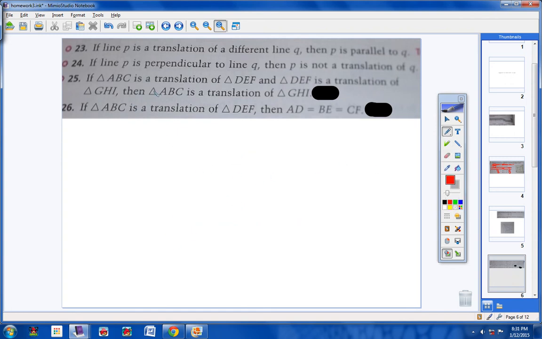If triangle ABC is a translation of DEF, and DEF is a translation of GHI, then ABC is a translation of GHI. Now, here's triangle ABC, and here's DEF over here.